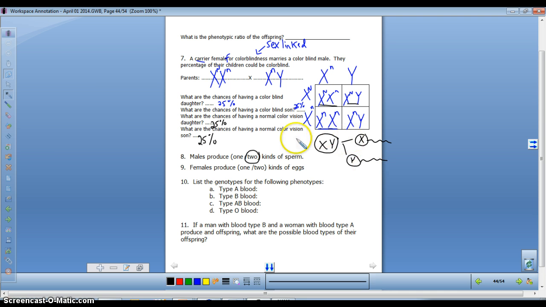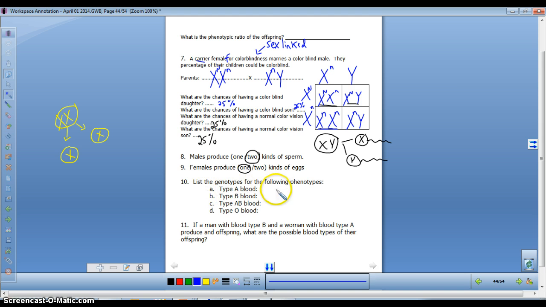Okay? Females produce only one kind of egg. If you think about this, females are XX, that's diploid, and when they go to haploid gametes, they only have X's, so eggs, which are haploid, will have X chromosomes.